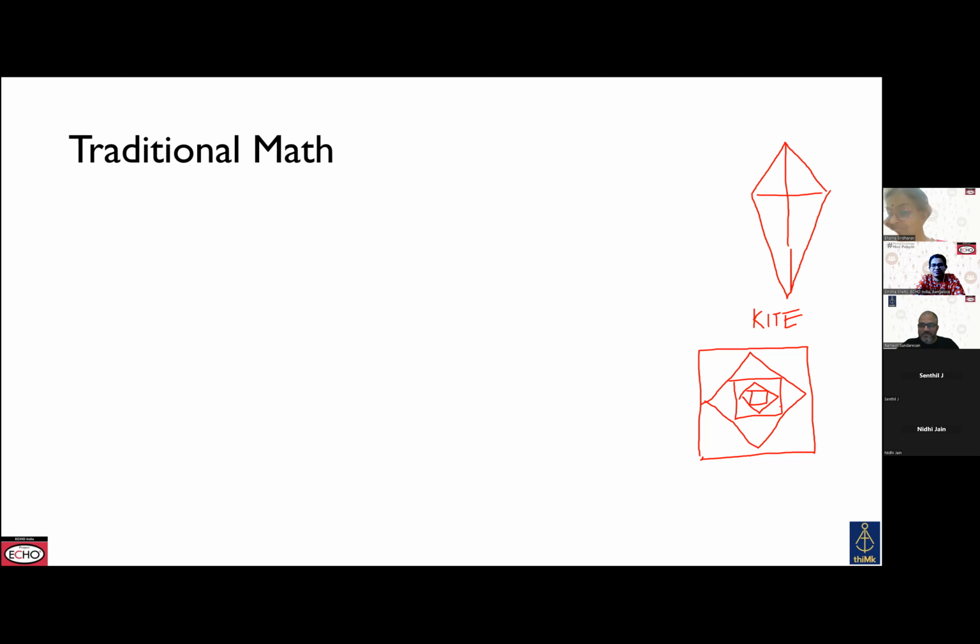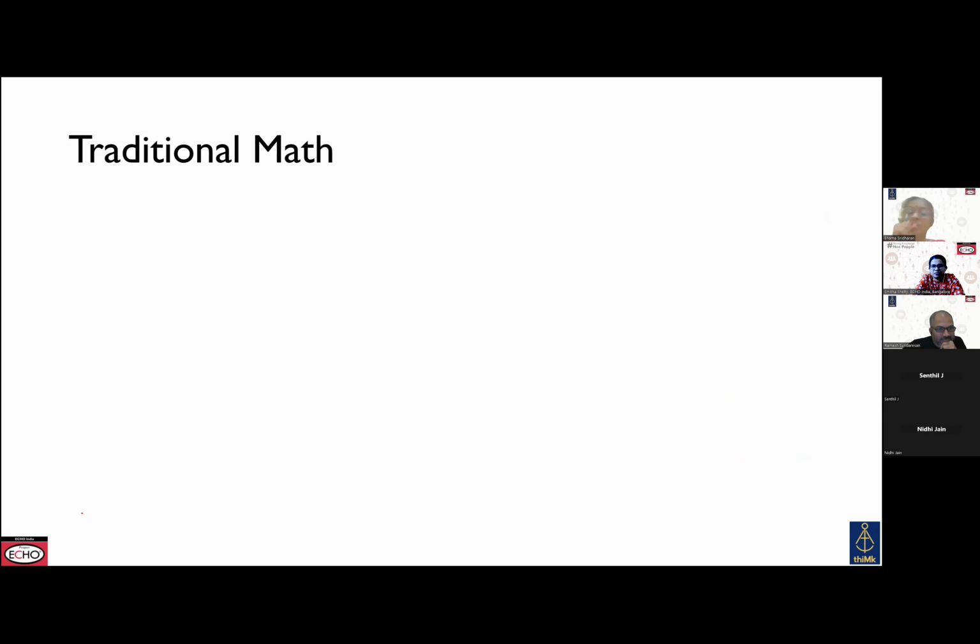Slowly they figure out that the moment any shape ends up in a rectangle, it is going to form a further similar pattern only. This is very important, because in younger years you start with a lot of manipulators. If you use a lot of manipulators in middle school and high school, it is going to be detrimental for the children.